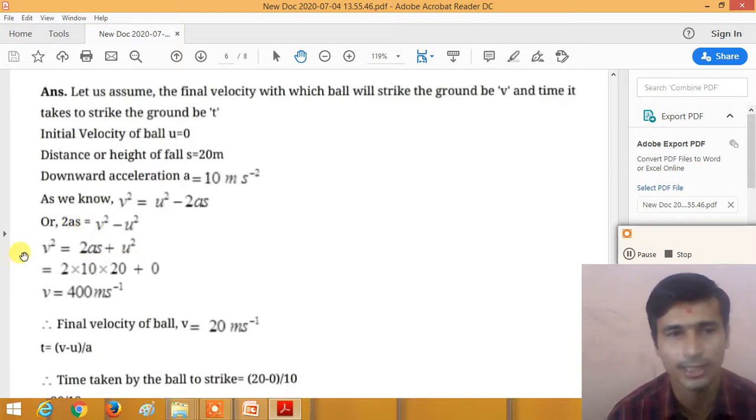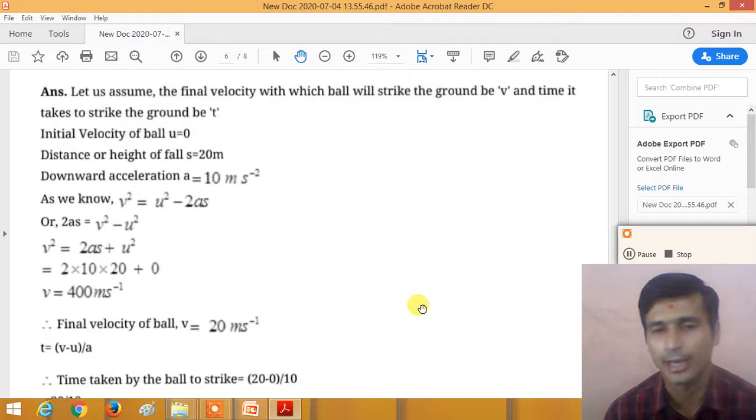So v square is equal to 2as plus u square. u is taken as 0, acceleration a is 10, and s is 20 meter. So v square is equal to 400, and from that v is equal to the square root of 400, that is 20 meter per second.